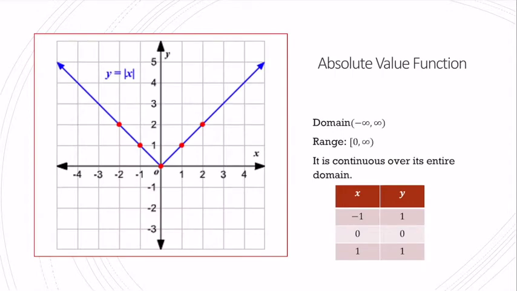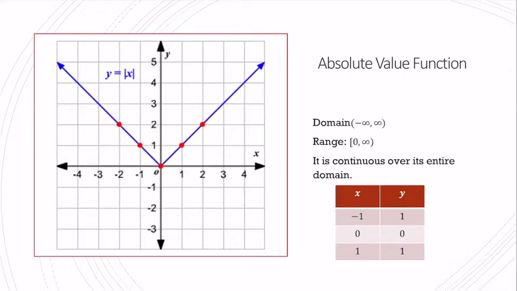Next, we're going to talk about the absolute value function. So the absolute value function is a graph of y equals the absolute value of x. This is the most basic absolute value function. We haven't altered it by adding or subtracting any constants, either inside or outside the absolute value bars. It's important to remember that its values, in this case, are only going to be positive, because if I take the absolute value of any negative number, that becomes a positive number.